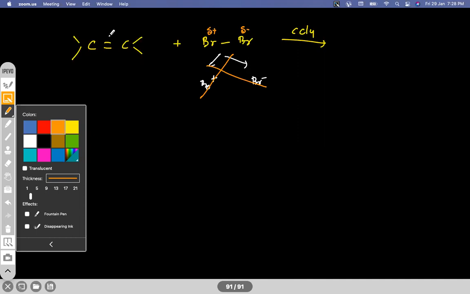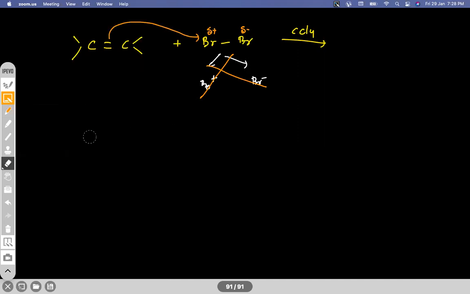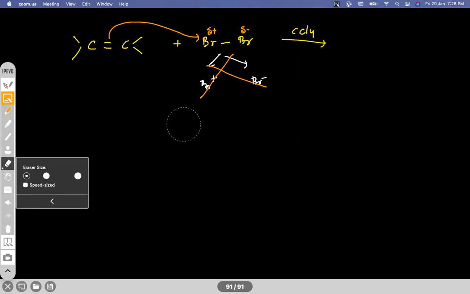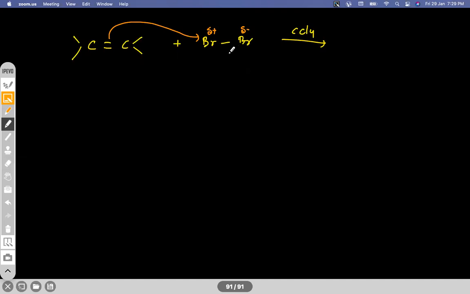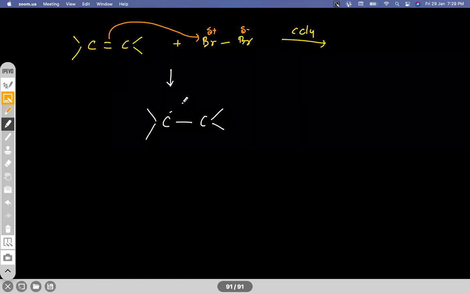This positive charge will be attacked by the pi electron cloud of the alkene, and the Br-Br bond won't break over here. What happens when this attacks? So we'll have this one here, carbon bond, and this carbon will attach with bromine, dotted bond here.